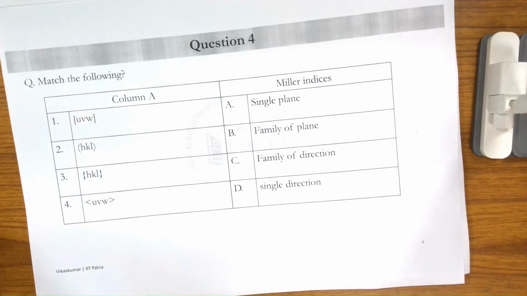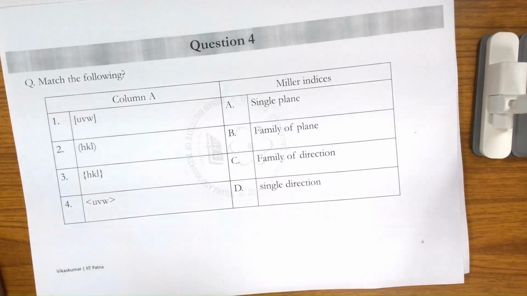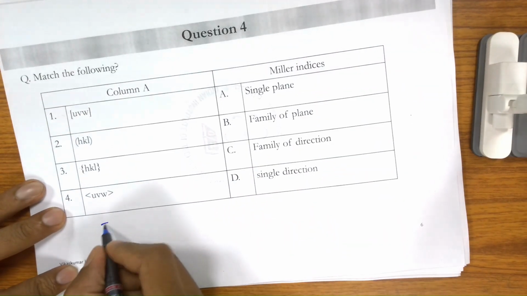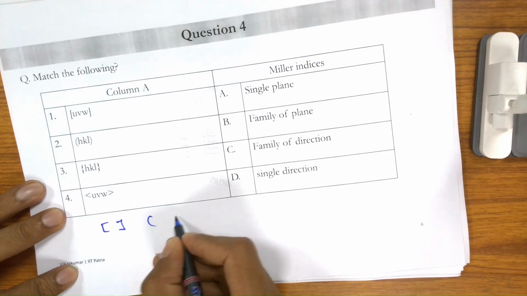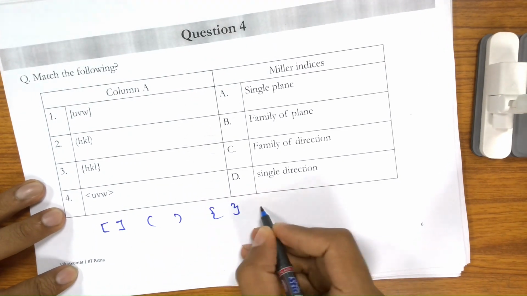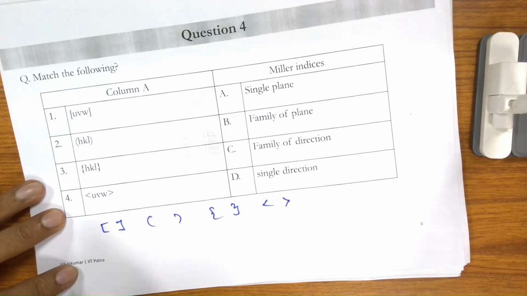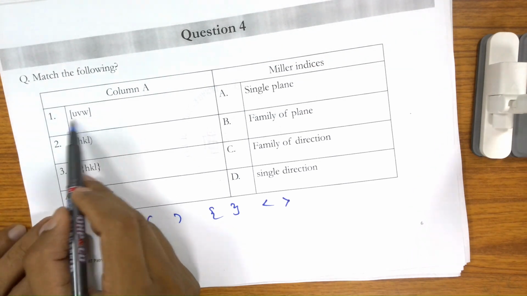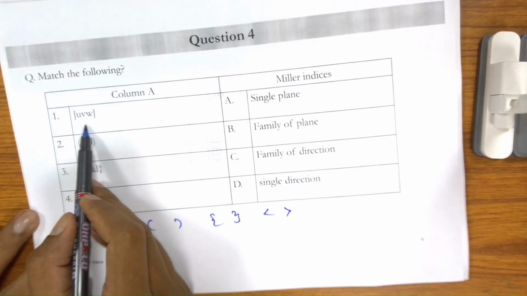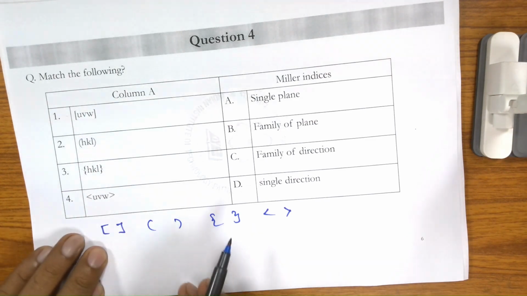Question number 4 is very simple, but it's very important also. Mostly people forget this. More or less, what we have to do is find which bracket is used for which one. So a square bracket is used for a single direction.